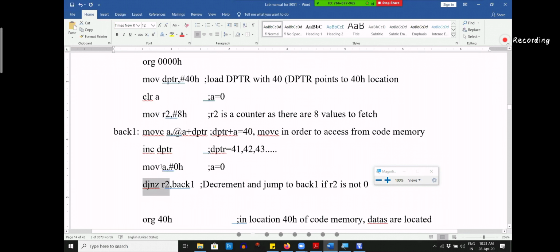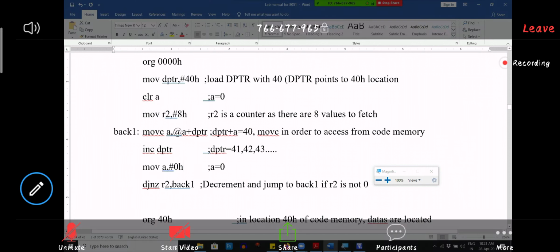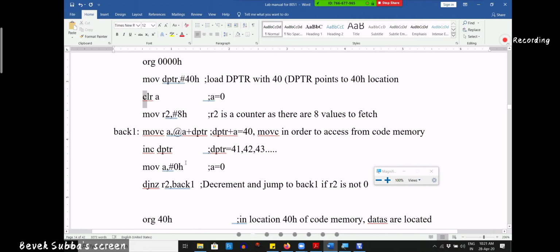Why do you need to clear this? Because when I go back to this loop, it is not going to the clear A. That's why, before moving to that one, I'm clearing this. So djnz R2, that time your R2 will be 7. 7 is not 0, so it will come back to this label.